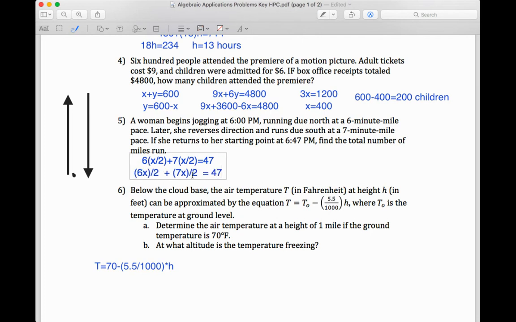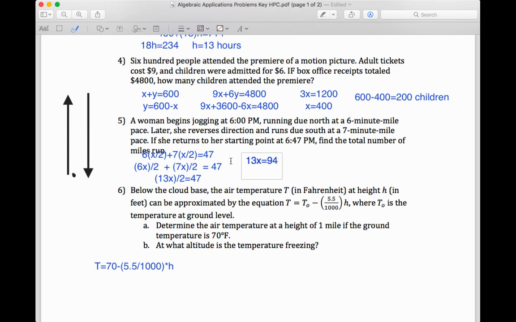I recognize that these are the same denominator. So this becomes 13x divided by 2 is equal to the amount of time it took her to run, which was 47 minutes. Now I'm just solving for x. So when I'm solving for x, I'm going to multiply the 2 over, and I get 13x is equal to 47 times 2, which is 94.